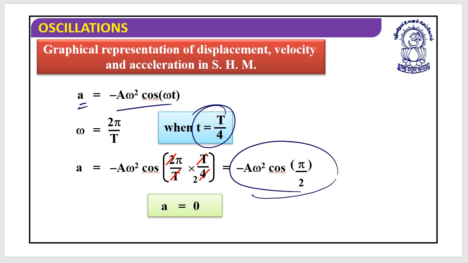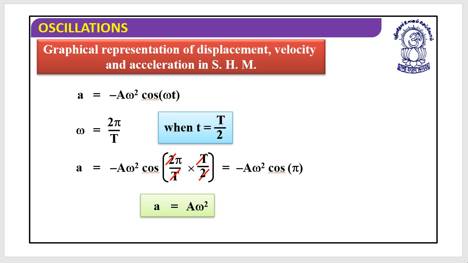So this will give me minus a omega square into cos of pi by 2, which is cos 90 degrees, and cos 90 is 0. So the acceleration is equal to 0. Next, for the instant t is equal to T by 2, this will give me minus a omega square cos pi.